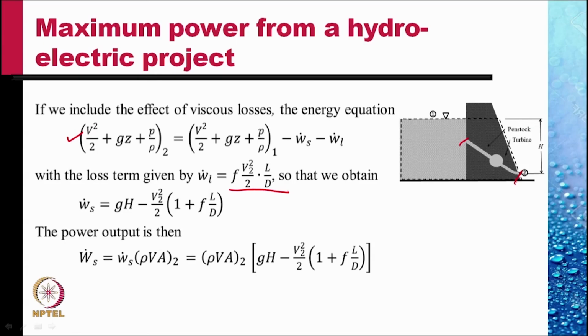The energy extracted per unit mass throughput is now given as this. The power output is the energy extracted per unit mass throughput times the mass throughput, the mass flow rate through the penstock, and this is the expression that we get.